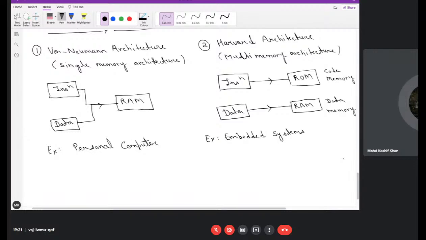That's why Harvard architecture is a multi-memory architecture. So are both the architectures clear to all of you? I am waiting for the response from all of you so that we can move forward. If anyone has any doubt regarding any of these architectures, you can ask.